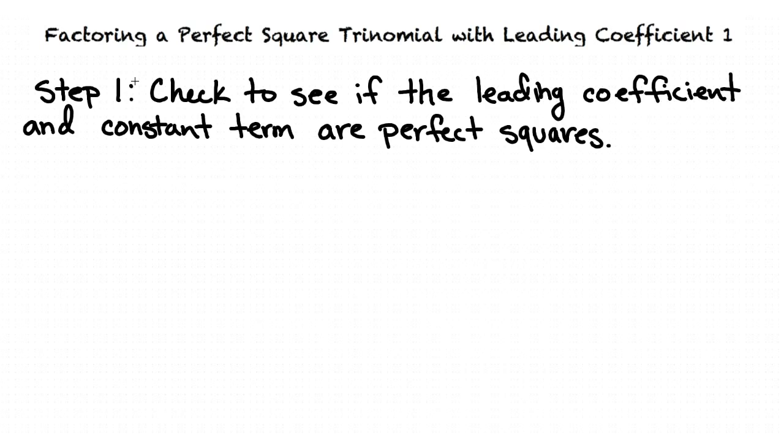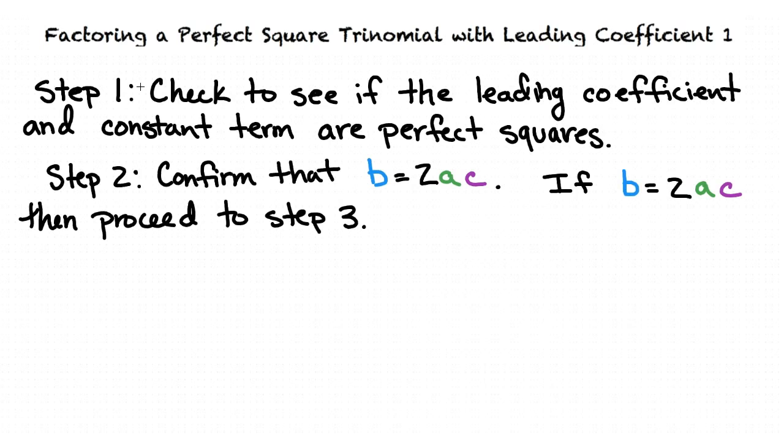Before we work on an example together, let's go over some steps that can be helpful when factoring a perfect square trinomial. Step 1. Check to see if the leading coefficient and constant term are perfect squares. Step 2. Confirm that b is equal to 2 times a times c. If b is equal to 2 times a times c, we will then proceed to step 3.